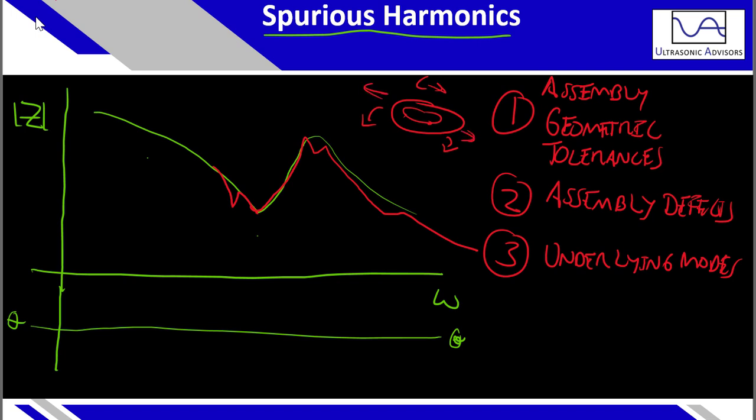They just happen to be at similar frequencies. Those can cause underlying modes, as well as other components in resonance in your device. And we'll actually speak about that. I'll actually talk about it in a few slides here.